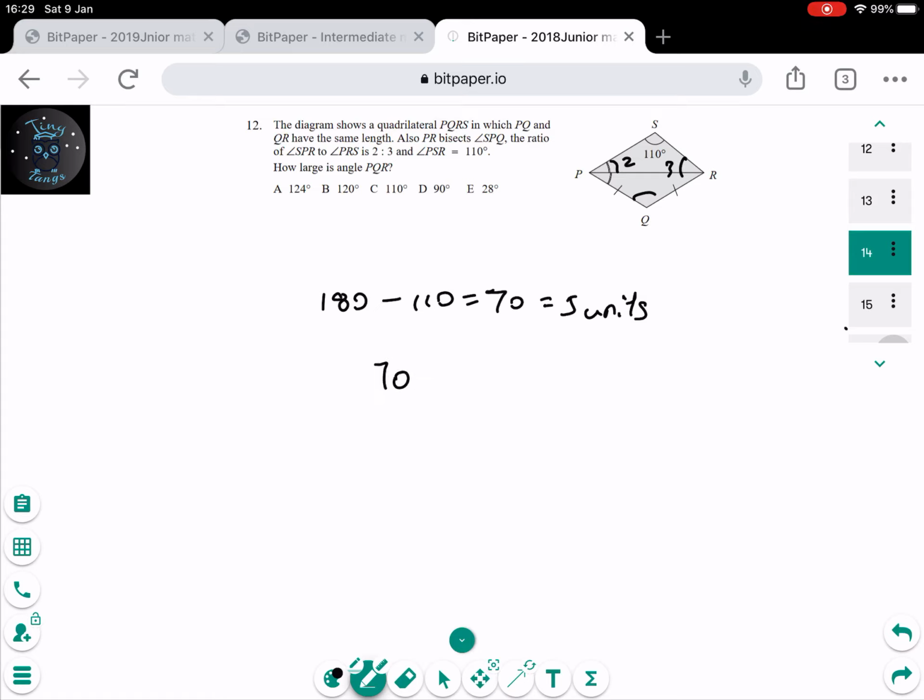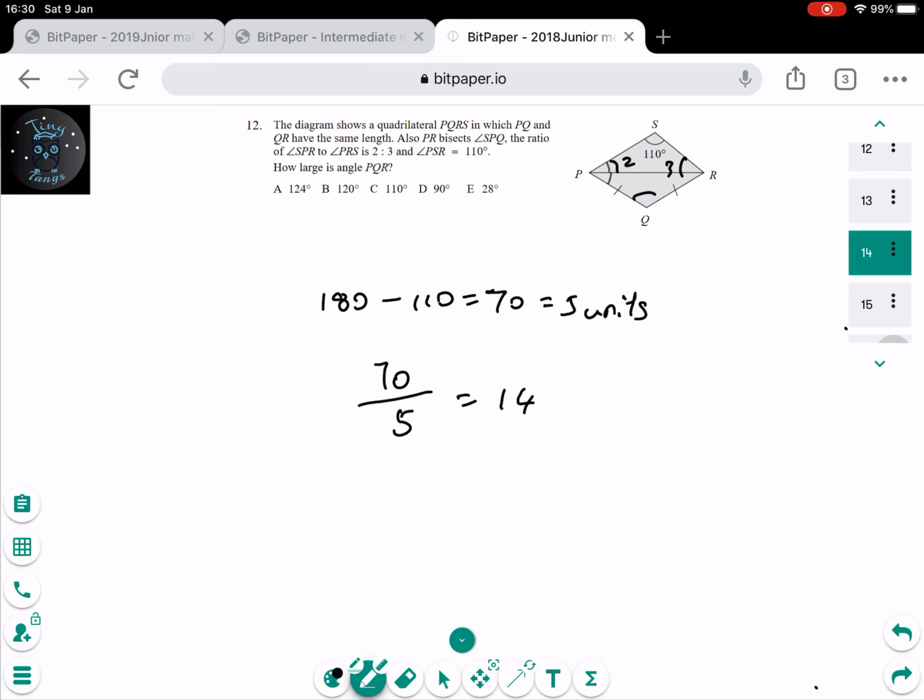So 70 divided by 5 equals 14. Yes, that's correct. So 1 unit is 14 degrees.